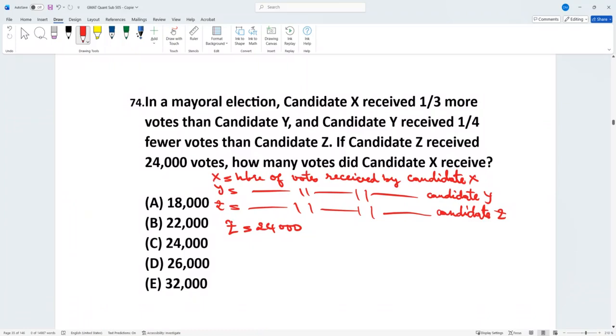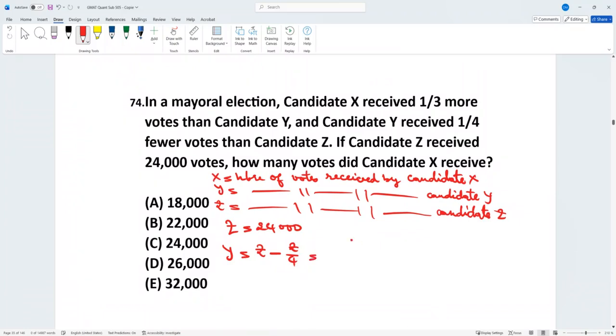And that means that Y, which is candidate Y, is going to be equal to Z minus Z over 4, because it says candidate Y received 1/4 fewer votes than candidate Z. So this is how you write it.